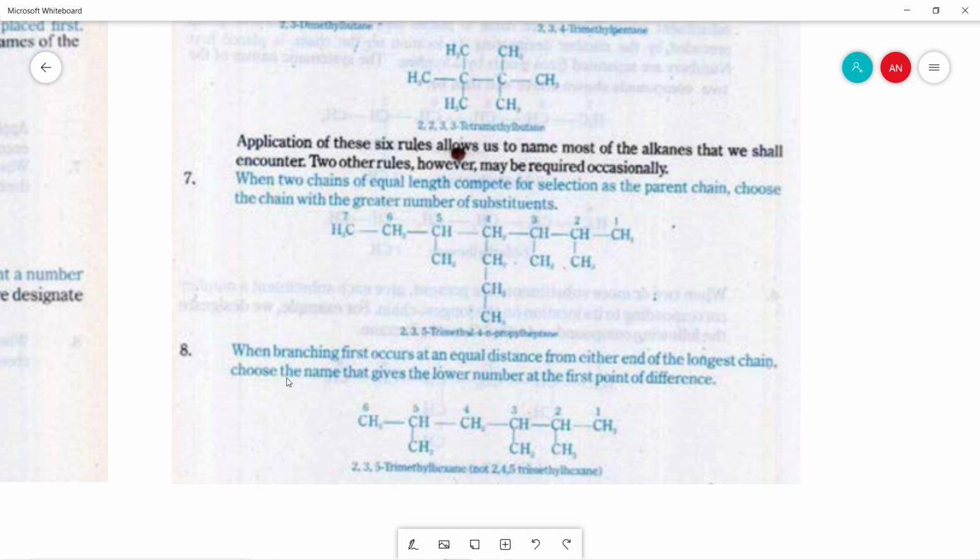First we'll check for this, then we'll check from which side the branches are more, right? So in this case if we start counting from this side, branches are more near, and if we start numbering from this side, branches are a bit far compared to this side. So we'll start numbering from the side which has more branches, right?